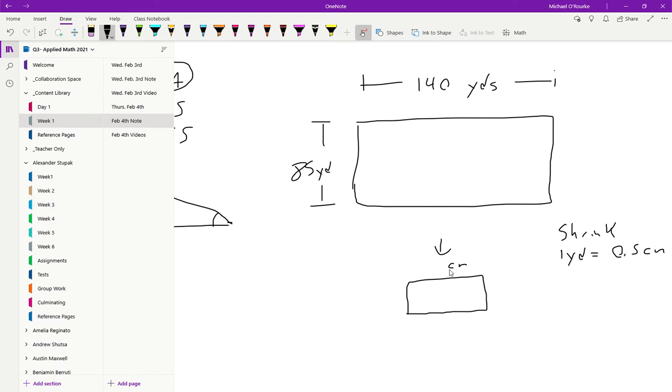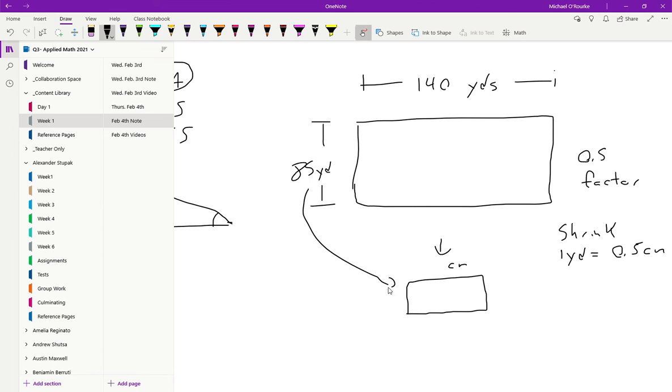Did anyone else get 70 and 42.5? And how did we get there? Those are the correct answers. So what Trey looked at was this here, 0.5, is the factor, right?